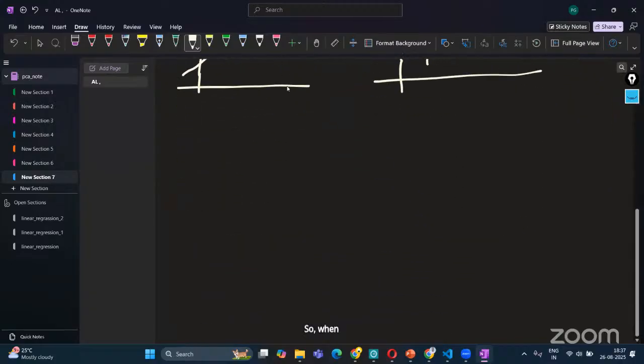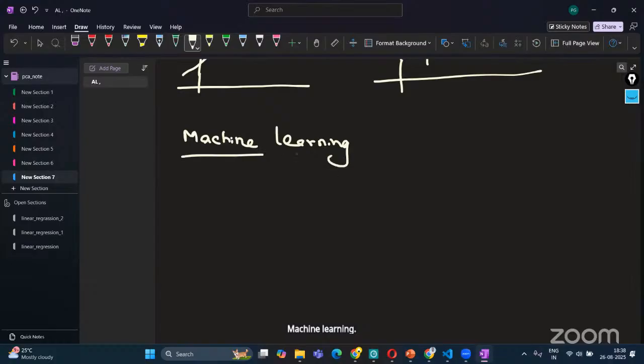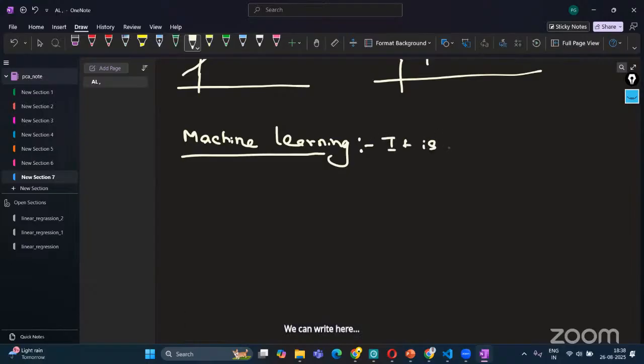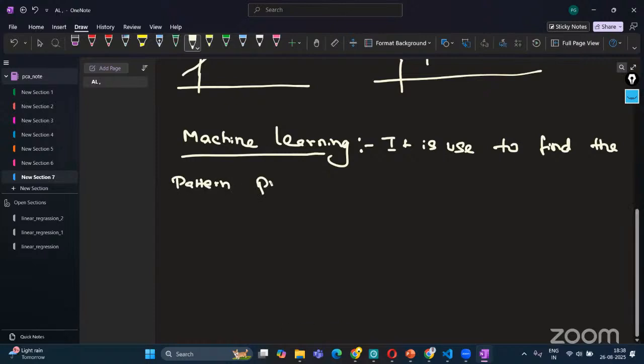When it comes to the definition of ML, machine learning, we can write here: it is used to find the pattern present in the data without being explicitly programmed.